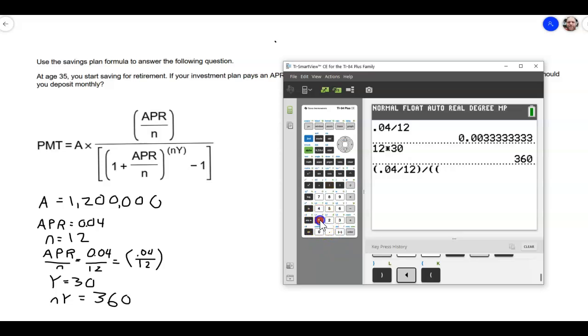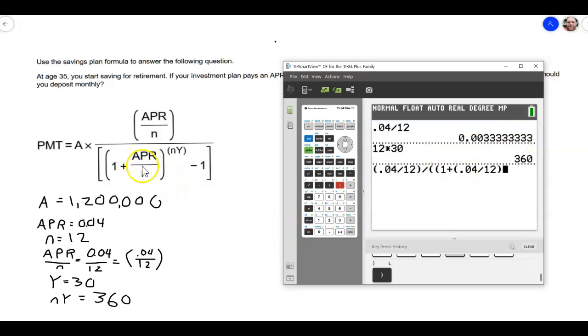1 plus. Now remember, this APR over N needs to be in its own parentheses, so I'm going to put that 0.04 over 12. I could have put a decimal approximation, 0.00333 with a bunch of threes, but I would have needed to put a bunch of them.